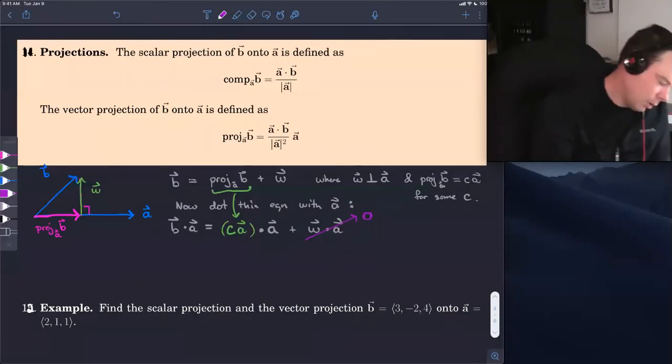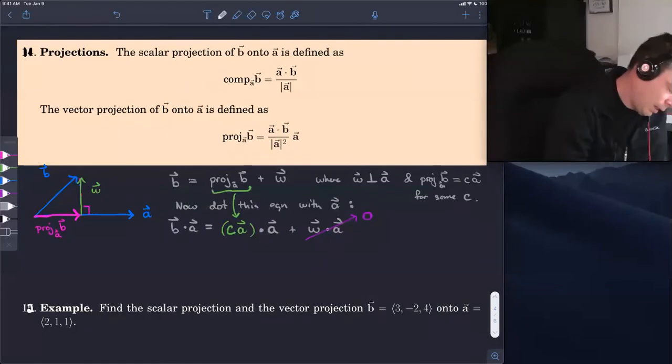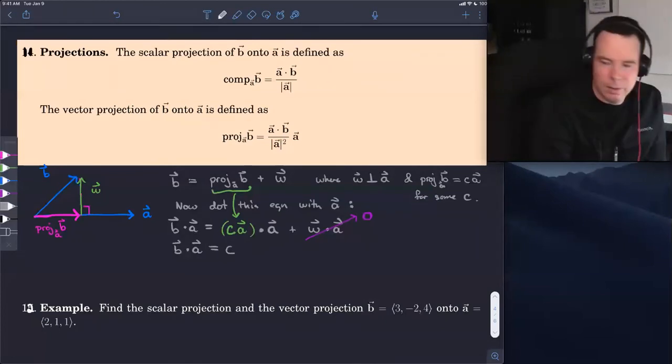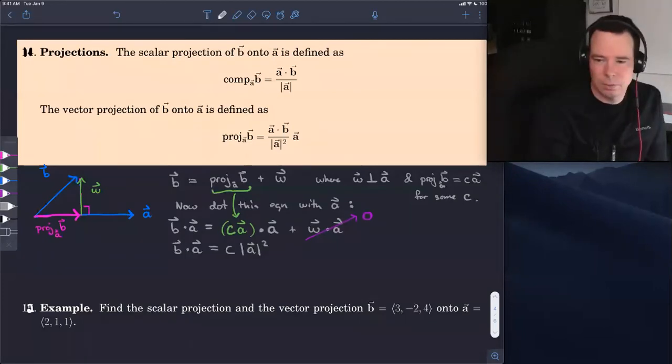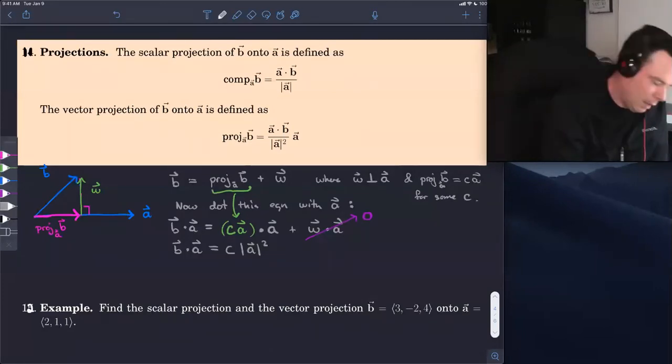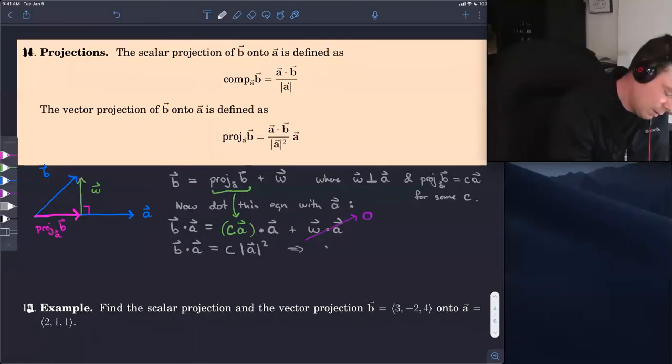So this is 0. And so what we have is that B dot A is equal to C times A dot A. And A dot A is just the length of A all squared. And that means I've figured out what C is. C is equal to B dot A over the length of A all squared.